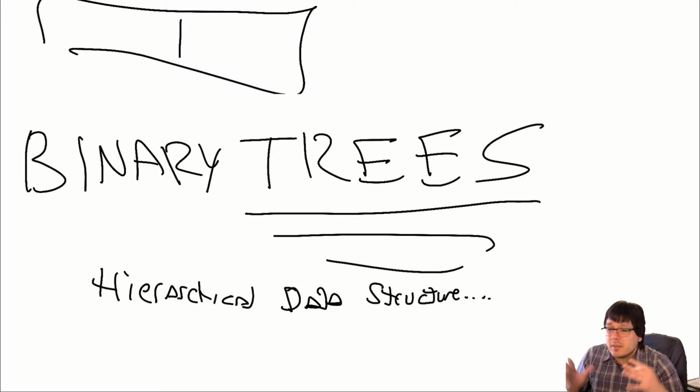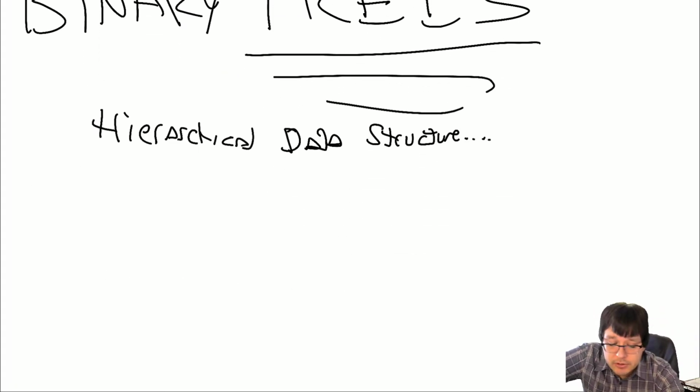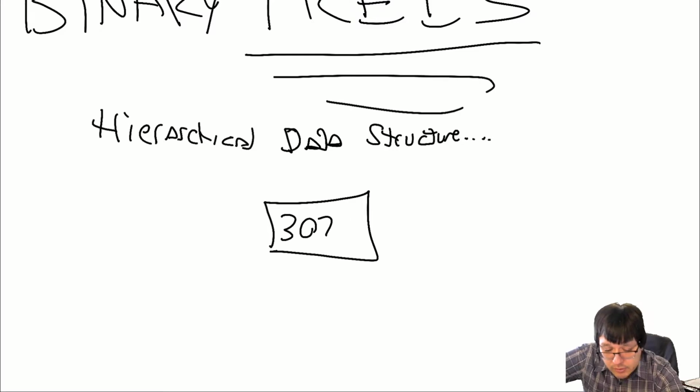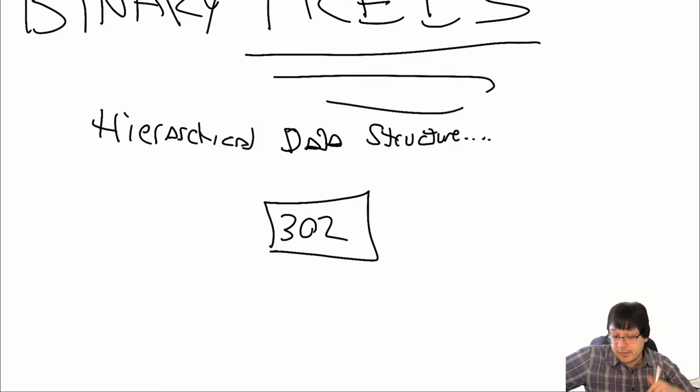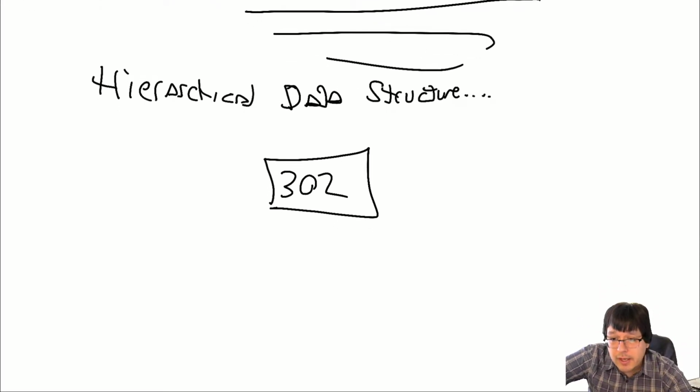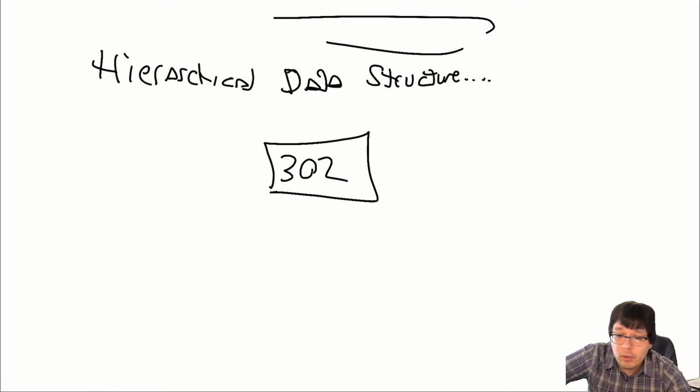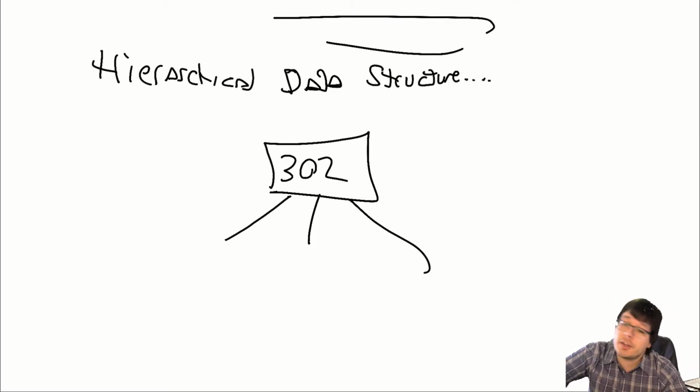But either way, suppose you make a folder somewhere in your computer, and we're going to call that folder 302. In fact, this is what I personally have for handling the class. Inside of this folder, I decide that I want to store all material related to the 302 class that I am taking as a student. I'm a very organized person, so I'm going to make a couple of different directories.